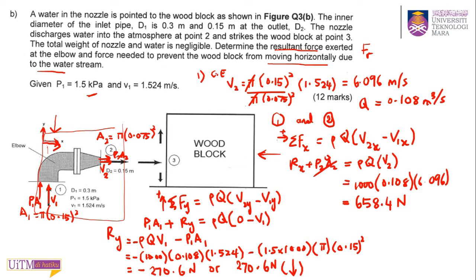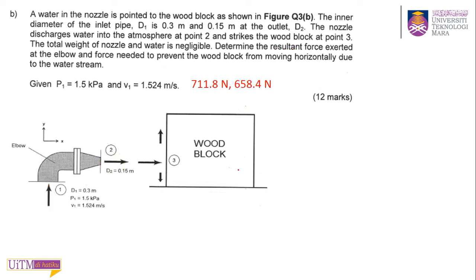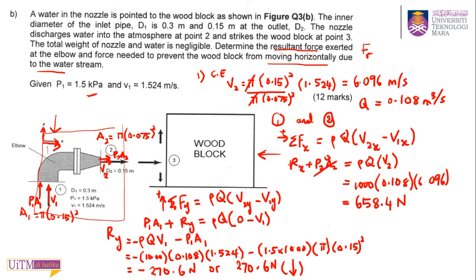Okay, so they ask you to find the resultant force. It's not finished yet, so you need to write it here. Your FR is equal to the square root of, what was it? Which one is the x?